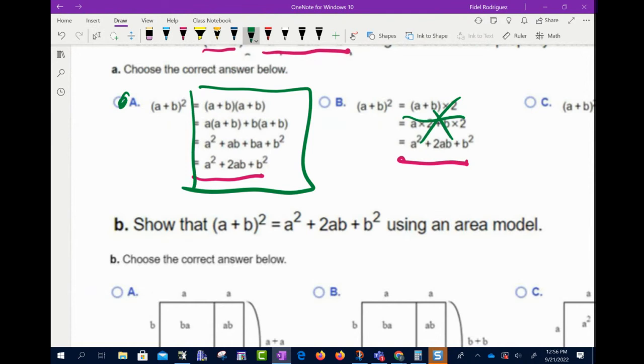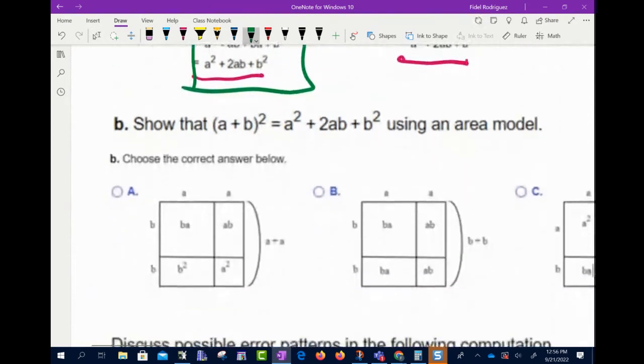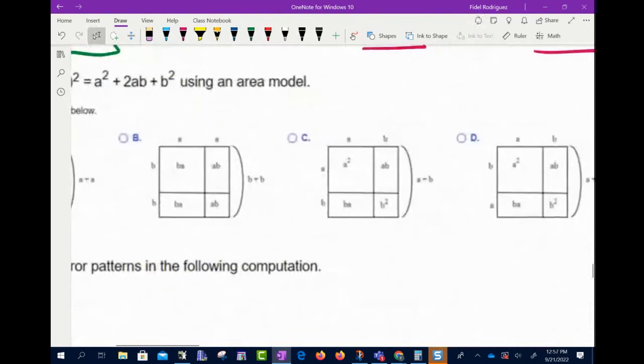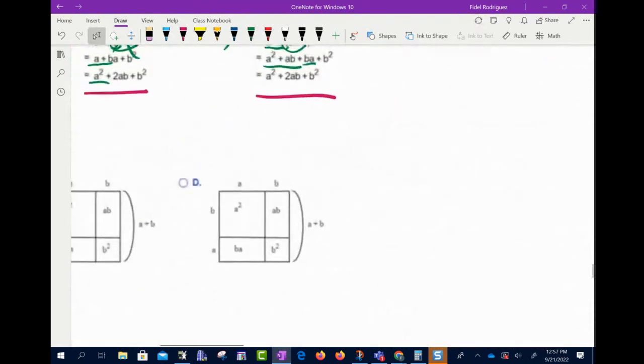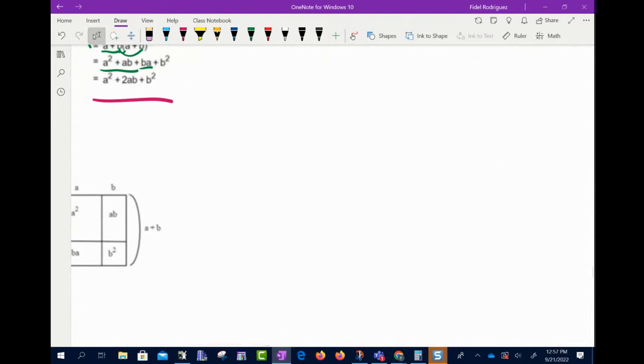Okay, now there's a second part to that question, and it says, show that a plus b all squared is equal to a squared plus 2ab using an area model. Okay, so let me explain what we're going to do here, guys. I'm going to do this over on the side again, okay? I should have put more space, I'm sorry about that, y'all.